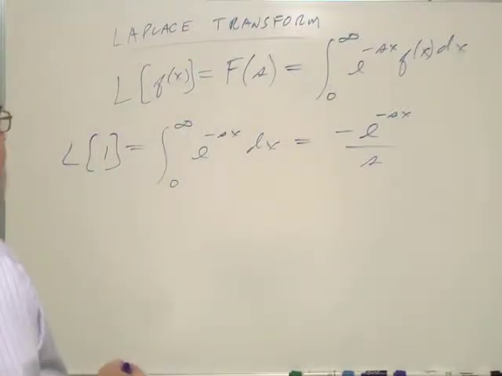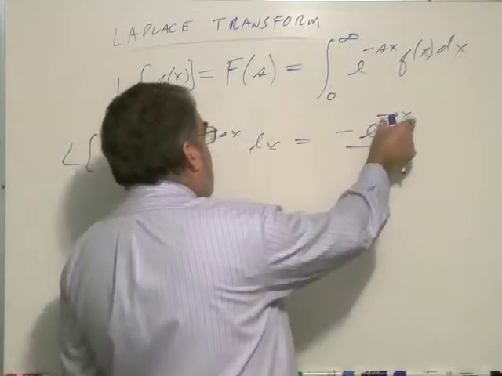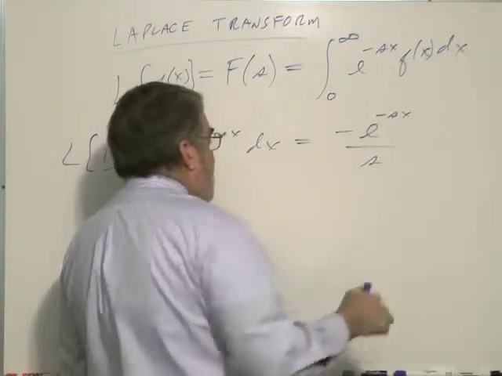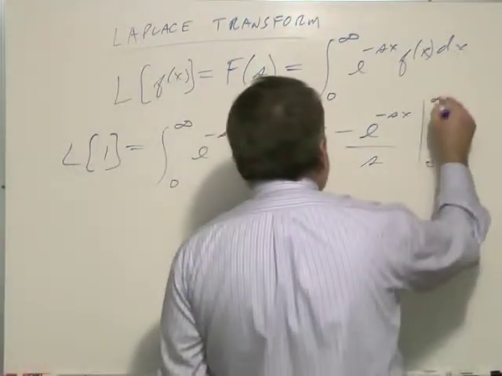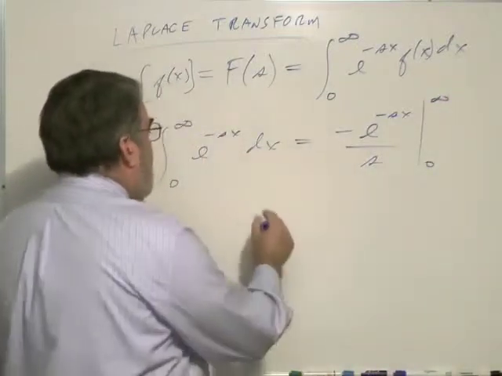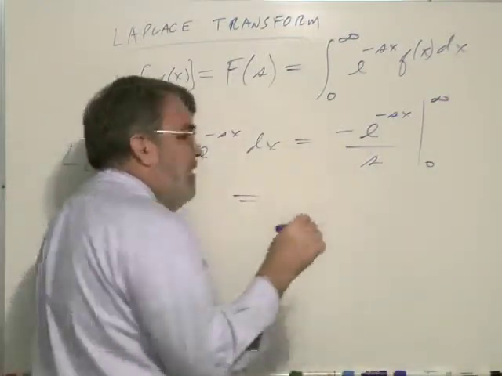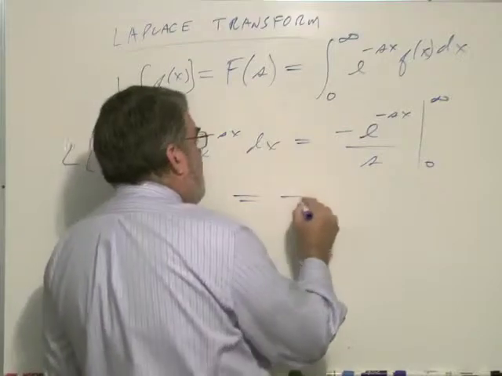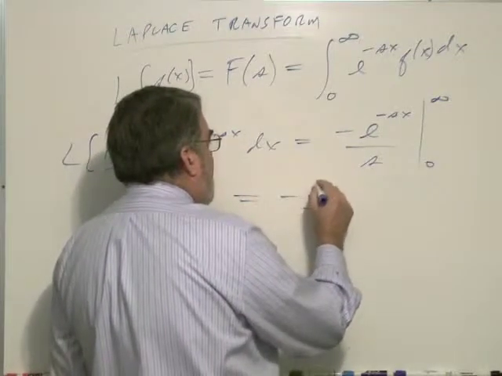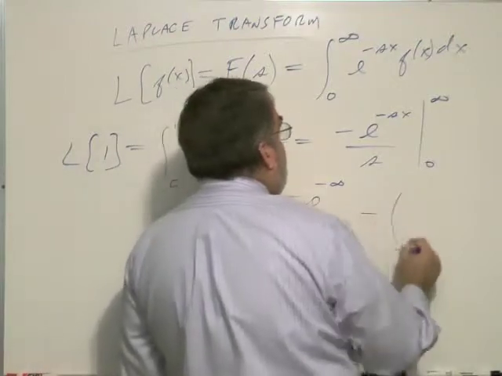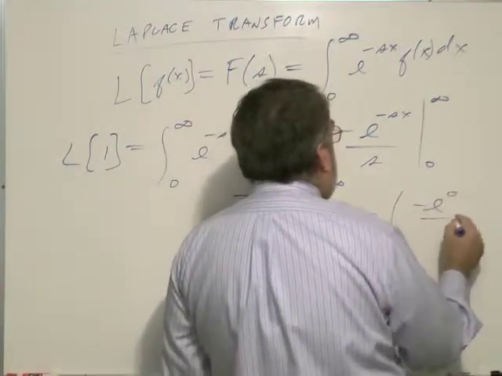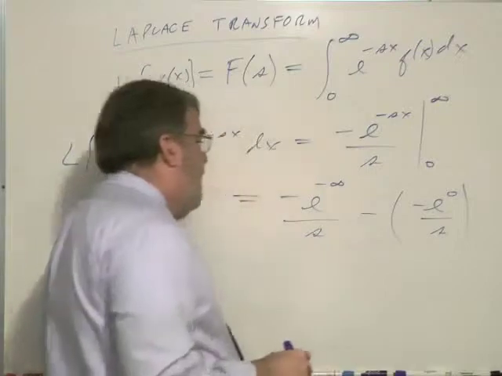Yeah, if you take that derivative, the derivative is going to cancel the minus 1 over s. From 0 to infinity, and so now I'm going to abuse the notation here. It's going to be negative e to the minus infinity over s minus negative e to the 0 over s.